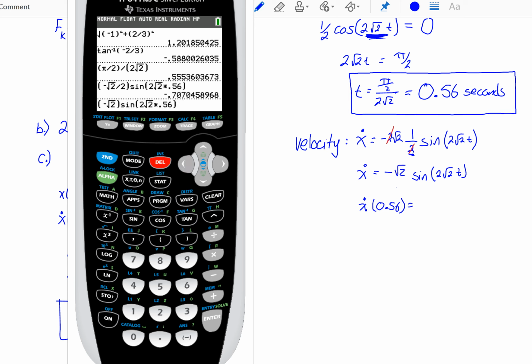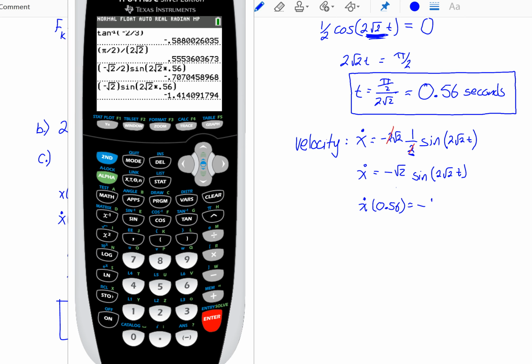It should be √2 times the sine, which gives me negative 1.4, I'm going to round this to just 1 decimal place, meters per second. This is your velocity when it passes your equilibrium.